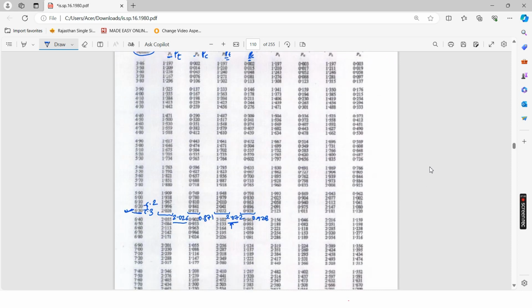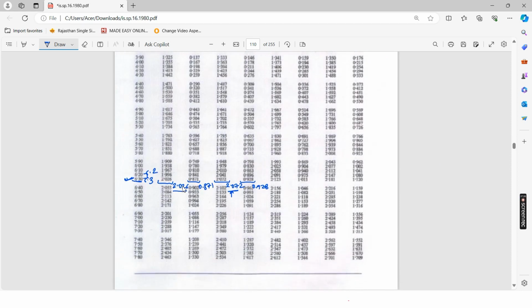If it is 2.026 and 2.072, you can take about 2.06, it's okay, and for that 0.928 and 0.871 you can interpolate, but I take the approximate values, 0.91, we can get some higher value, no problem.